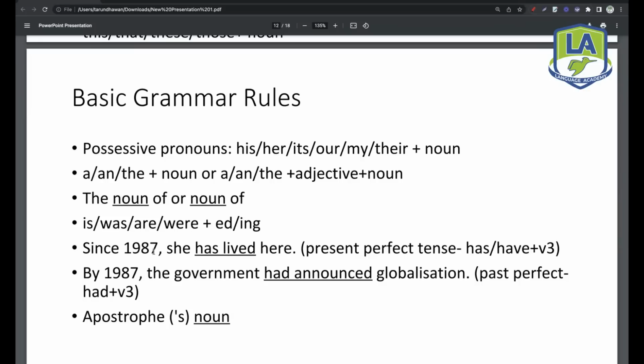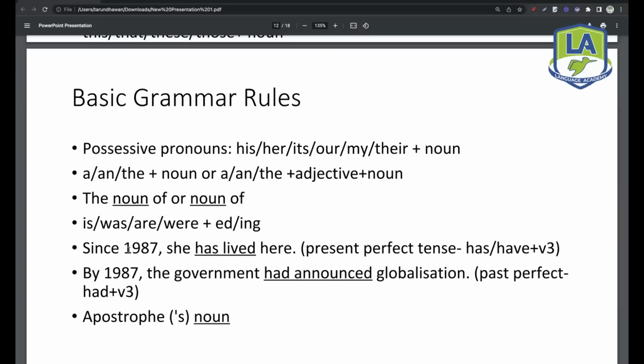Three last ones. If you have since with a sentence, this is very commonly used in the blanks questions. If you have since with a time period in the sentence, the tense will always be present perfect. Example, since 1987, she dash here. So if you have since, the answer will always be has, have plus third form. Always, no other tense can come in that place.